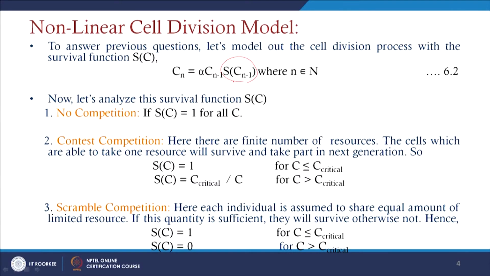So, we are considering a resource limitation here, and the cells which are able to take one resource will survive and take part in the next generation. So, we can consider S(C) equals 1. In the first phase, those 50 cells will come and take their food, and they will survive.